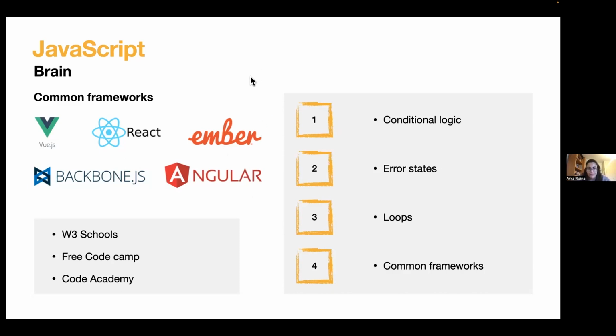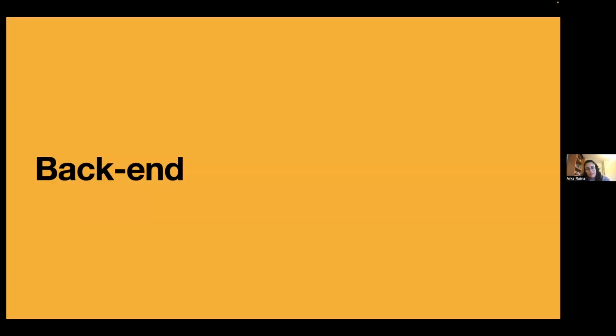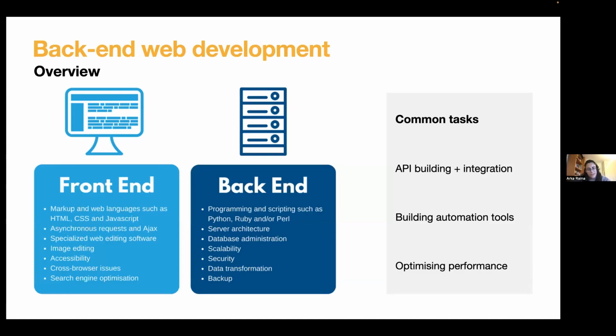Cool, I'll move on. So now we've done the front end, and then we come to the back end. So what is backend development? We touched upon front end, as you can see on the left. That is, as I mentioned, what you interact with, what you see in your browser.